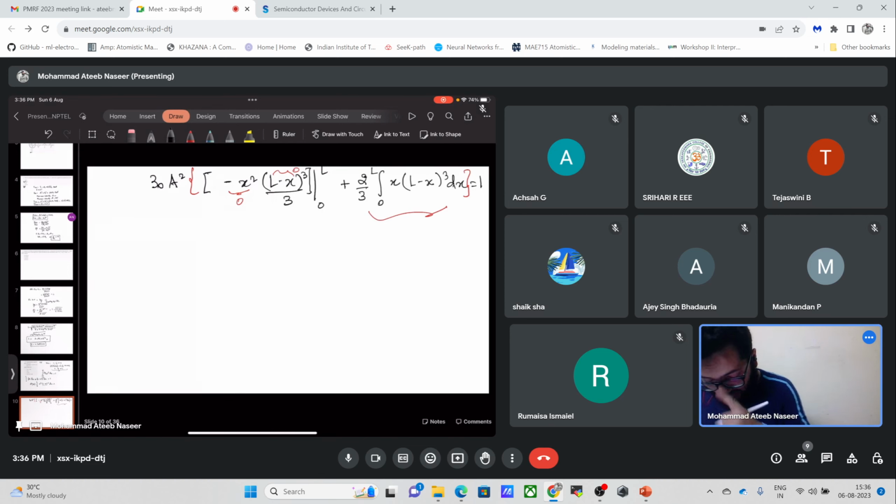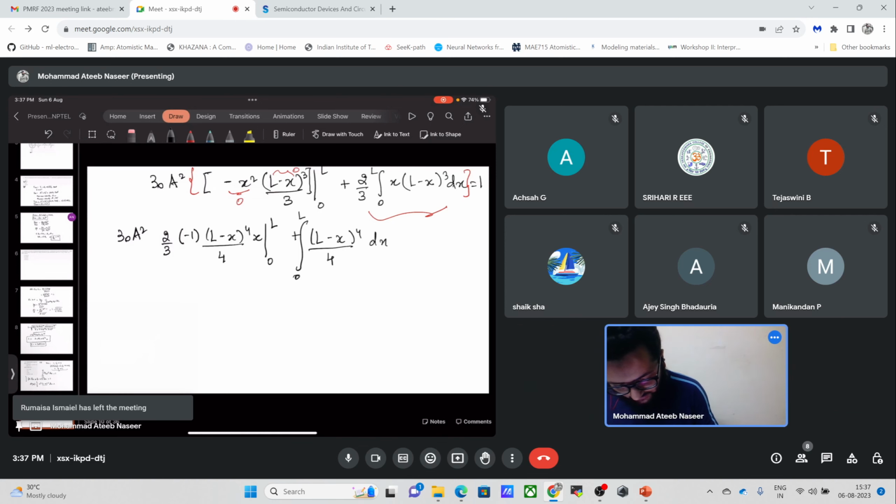If I solve it, it would be 30 a squared in multiplication, with 2 by 3, and it will be minus 1 times (L minus x) to the power of 4 divided by 4 times x with limits between 0 to L. This will again be plus, integral of (L minus x) to the power of 4 by 4, x having been differentiated, 0 to L, dx equal to 1.